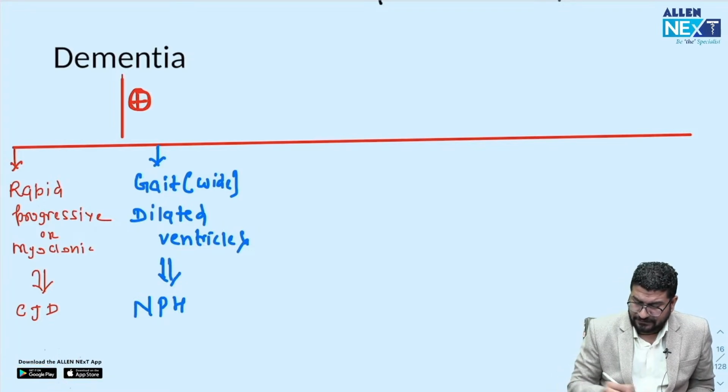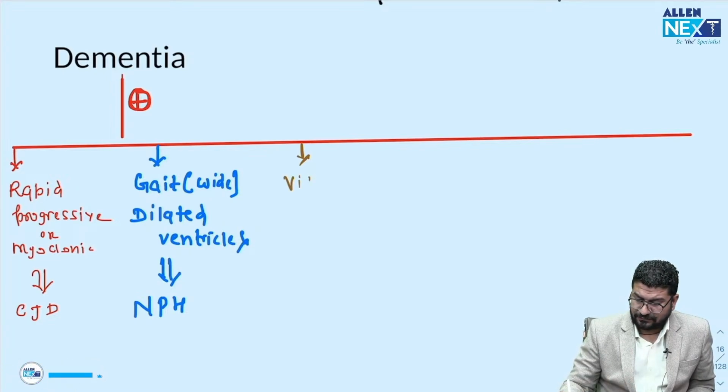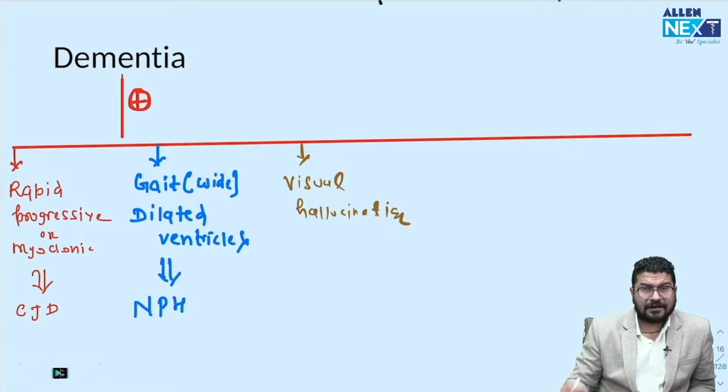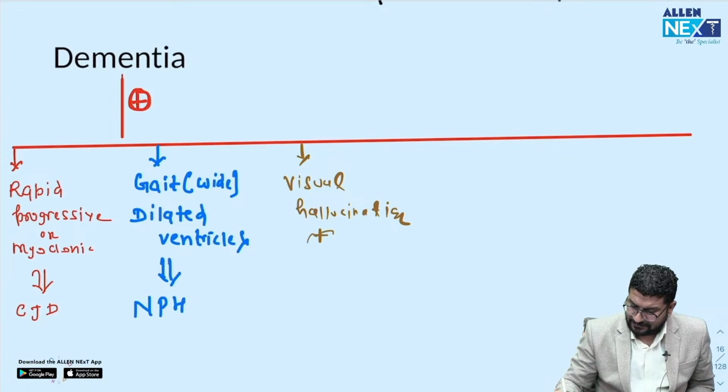The third thing is they can ask you about a person who's having dementia, and along with dementia they can mention visual hallucination and fluctuating cognition. This is the biggest hint. What I mean by fluctuating cognition is that sometimes the patient will be normal.